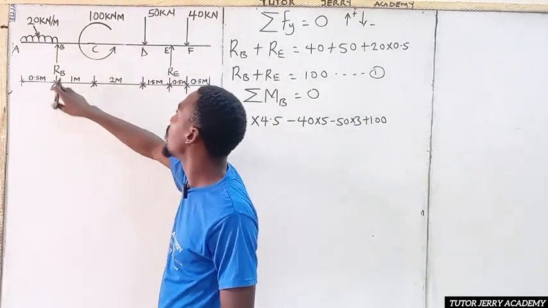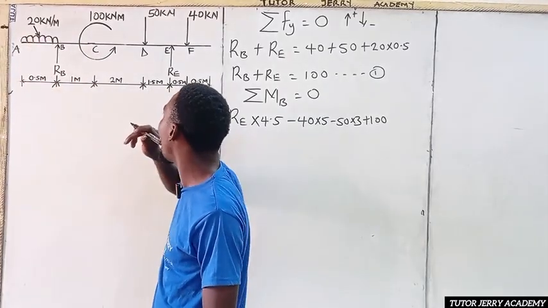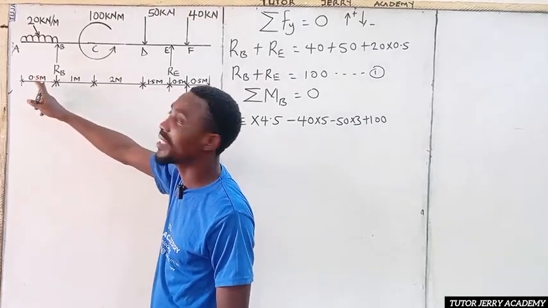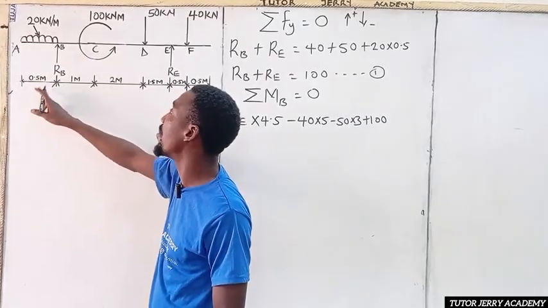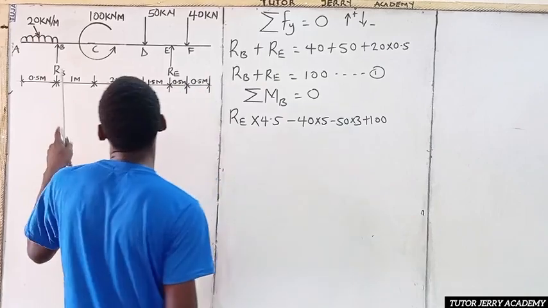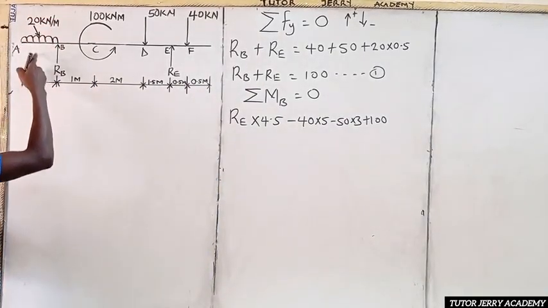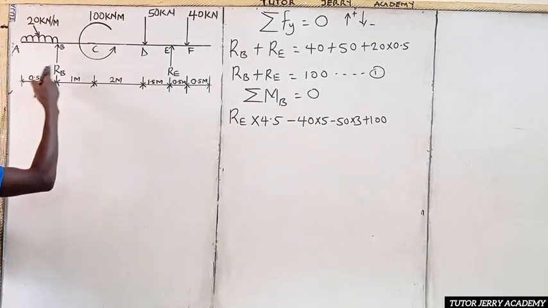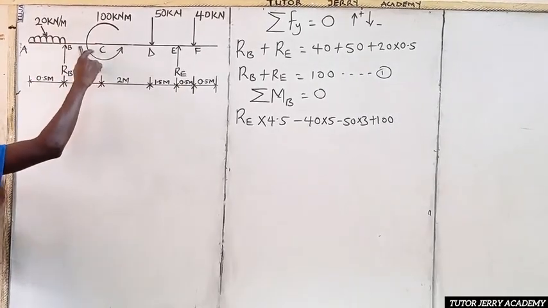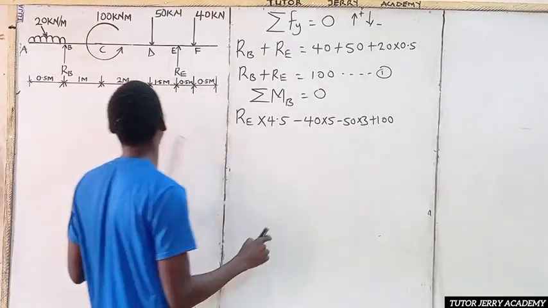So now this one is going to be 20 multiplied by 0.5, then multiplied by the distance, 0.5 divided by 2. And this point load is going in the anti-clockwise direction, the same as the moment that we have here.